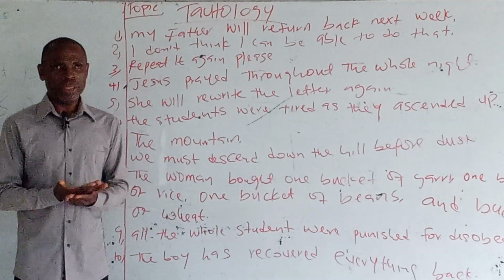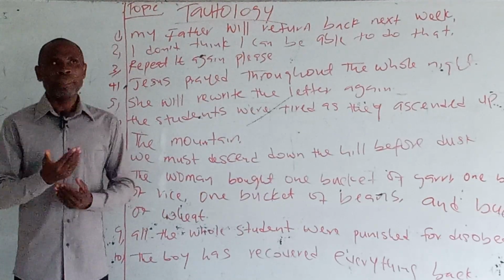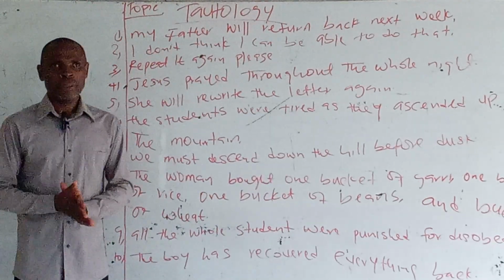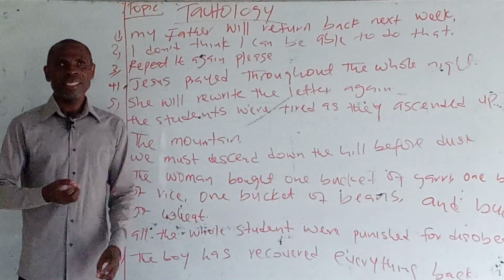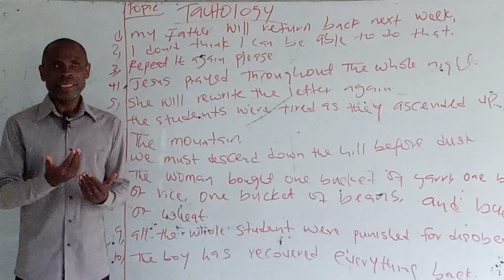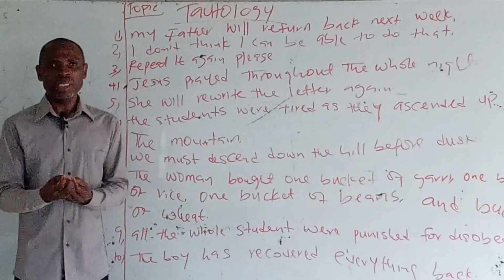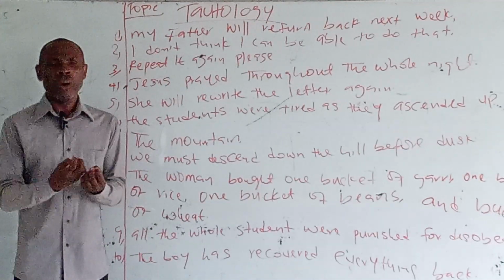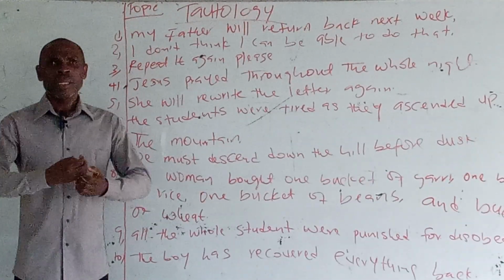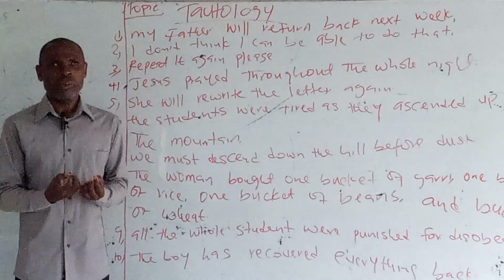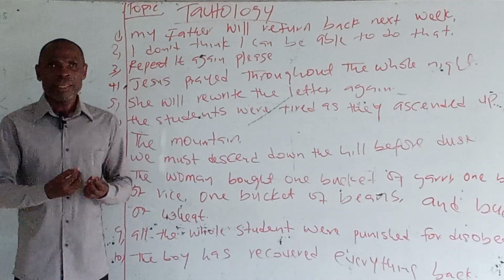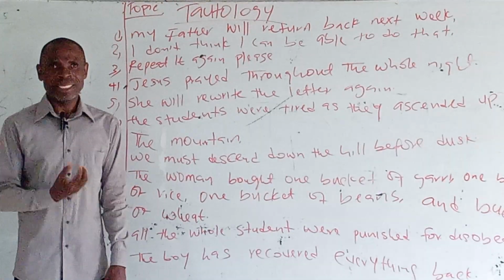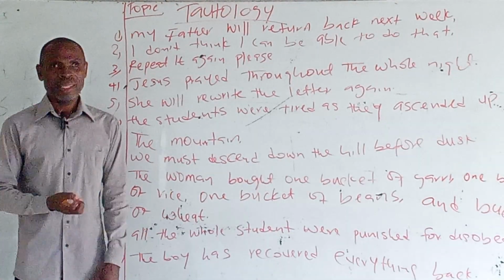Paul is courageous, but Peter is not courageous. Don't forget, one of the definitions of tautology, we said that it means using the same word, phrase, or clause twice without adding meaning to the statement or a sentence.